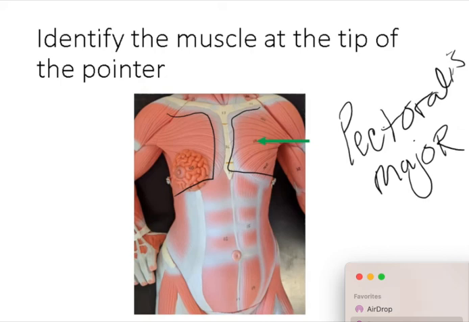This is the larger of the pectoral muscles. So when people work out their pecs, they're working out their chest muscles right here. Pectoralis major. We'll see pectoralis minor in a second. It's a smaller one. It's underneath this. So we have to pull pectoralis major off, and then we'll see minor underneath.